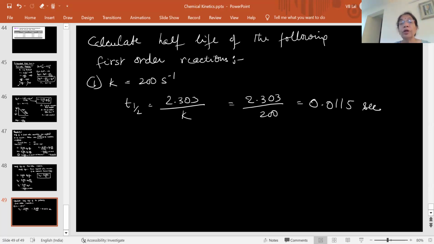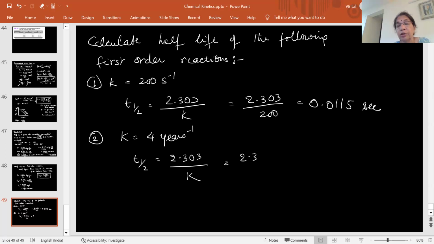Okay, so depending on the value of K, you can find it. There is another one, K is equal to 4 years minus 1. So the K value can also be in years, so T half will also come in years. T half will be equal to 2.303 by K, that is equal to 2.303 divided by 4.